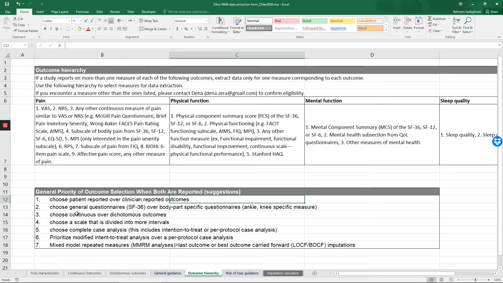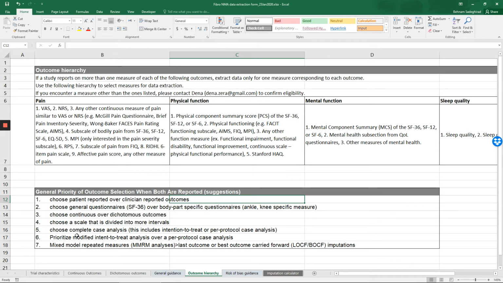We always want continuous outcomes rather than dichotomous outcomes. You may see a tool that seems like a categorical or an ordinal tool assessing pain, function, or mental health or sleep. You need to inform us if the tool has less than 5 categories for these assessments.